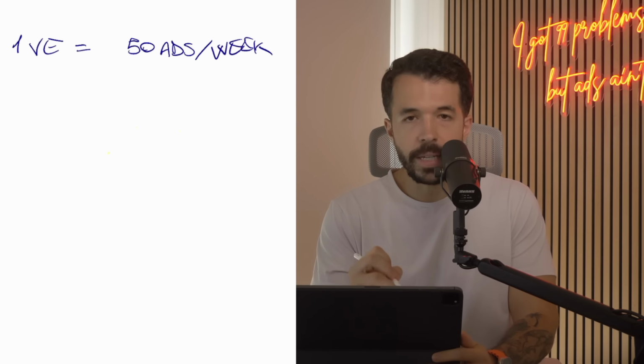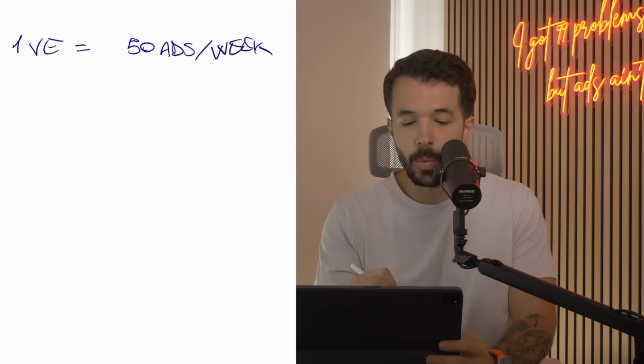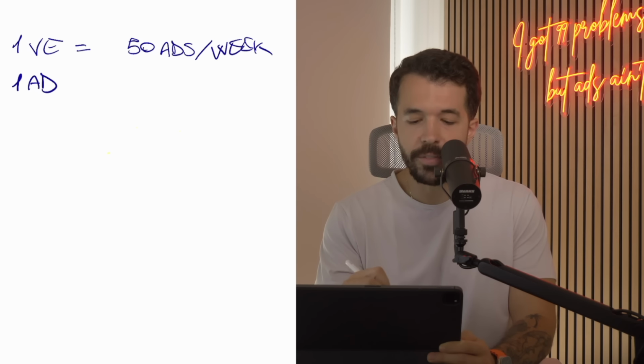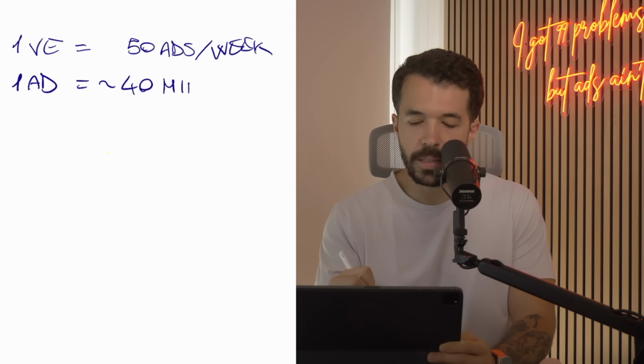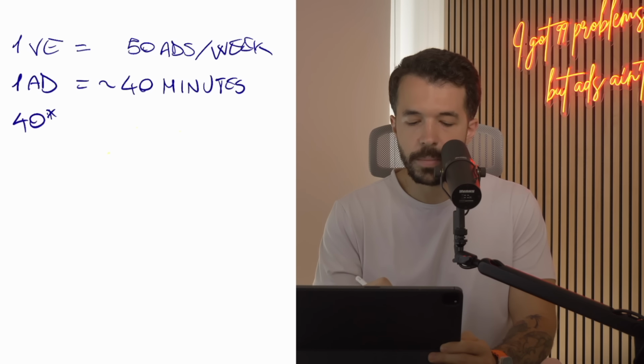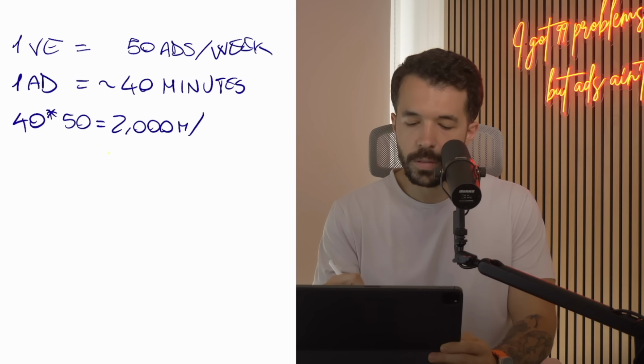50 ads per week means that they're spending a lot of time, because one ad, on average, takes around 40 minutes. If you're doing the math, I'll save you some time, because 40 minutes times 50 ads equals 2,000 minutes, which equals 33.3 hours.